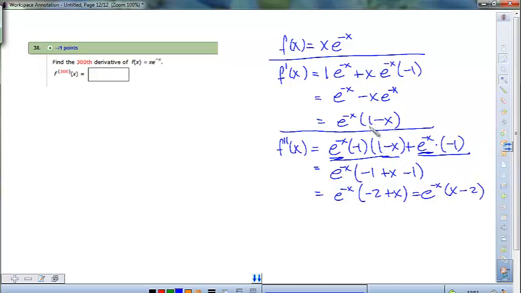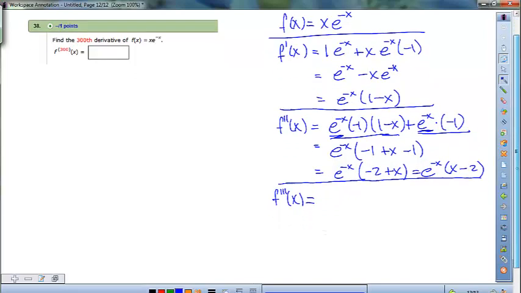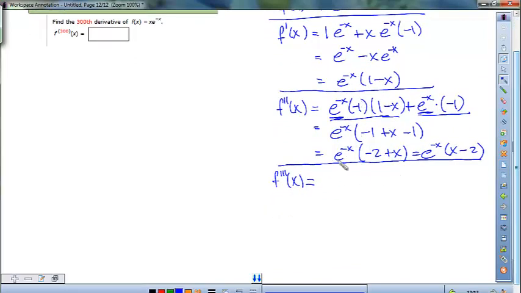Now it looks like my variables switched here, and so let's see, I can kind of feel the pattern coming on. Let's see if we can do one more. And after this, hopefully we might be able to guess at a pattern. So let's take a look at this expression.